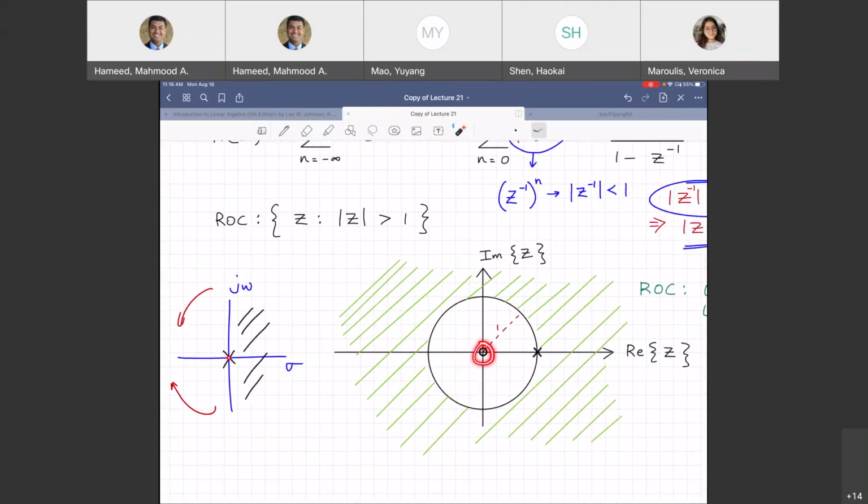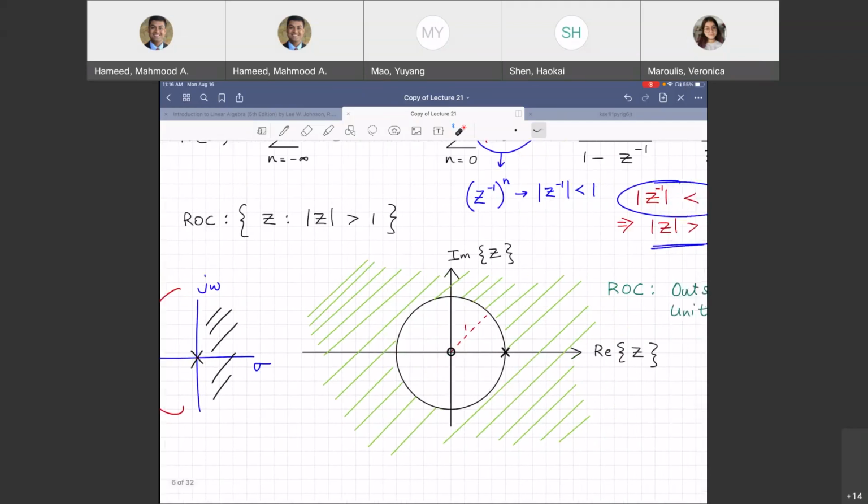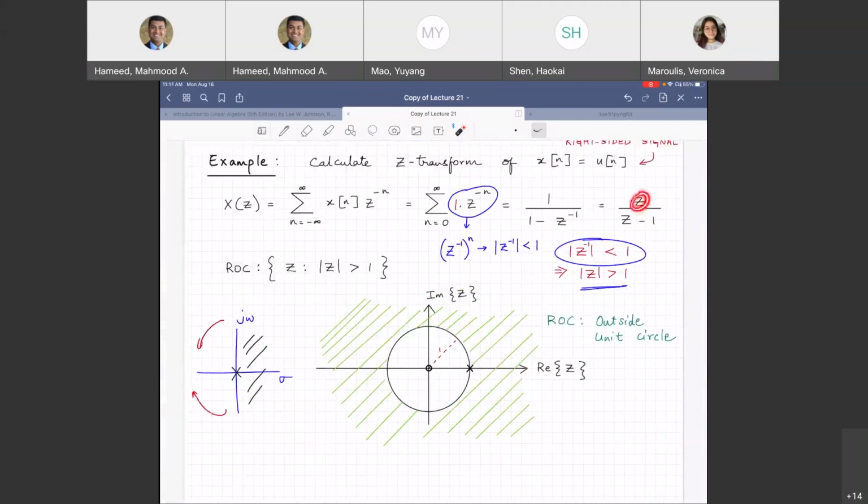Right here. So the zero is at 0, because of this guy. Yeah, but our pole. So this pole is because in Z domain you have a pole at 1.